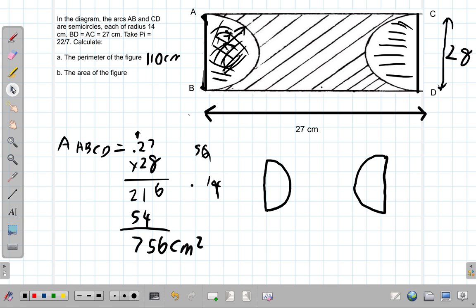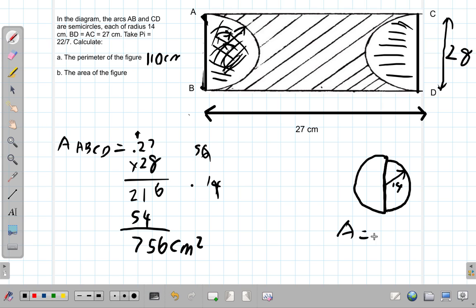Now, the two semicircles, we could put them together and make one circle. So if we find the area of this circle, we just subtract it from the 756 to get the part left after we remove the whole circle. You see that? So what happened is this: if the radius is 14, then it means the radius of this circle is 14.